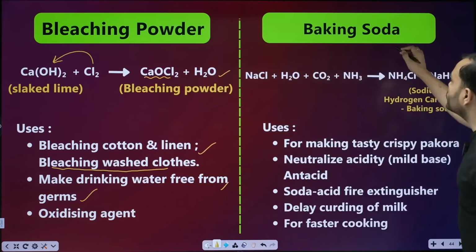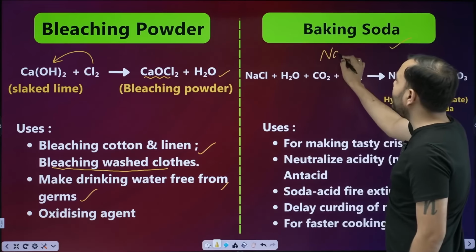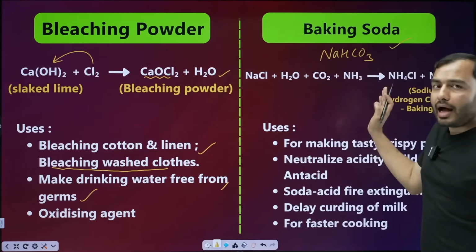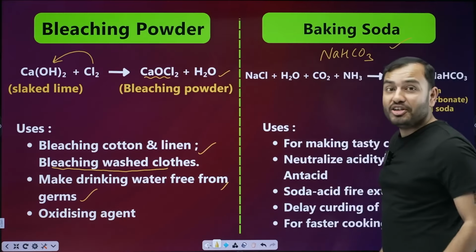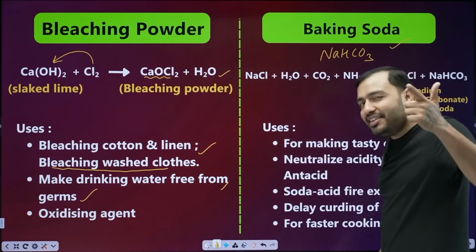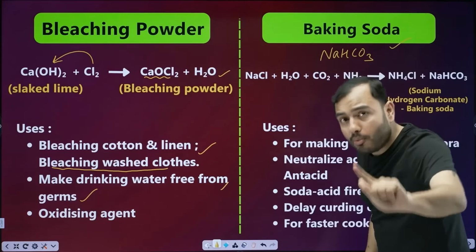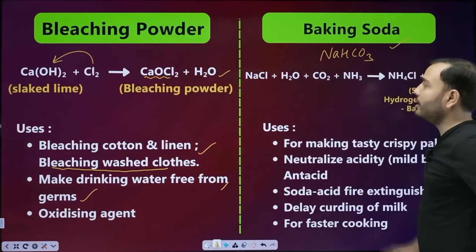What is the next thing? Baking soda. Now see, soda means sodium, and baking soda is sodium bicarbonate, NaHCO3. This is the only reaction in your syllabus with 4 reactants. You must remember this one: NaCl, water, ammonia, carbon dioxide.